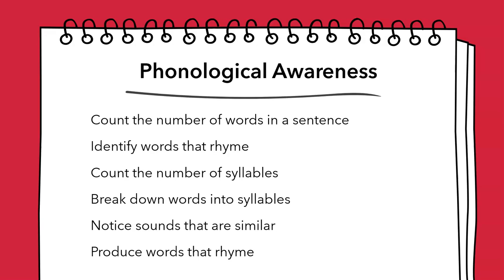Some of the components of phonological awareness are being able to count the number of words in a sentence, identify words that rhyme, counting and breaking down words into syllables, noticing similar sounds, and being able to produce words that rhyme.